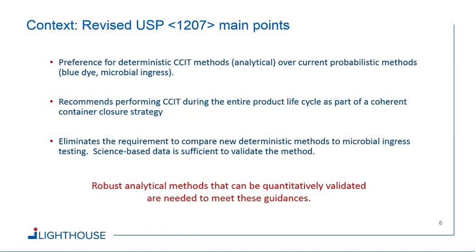I just wanted to say something about this last bullet point as well, because I was recently in a discussion with an industry representative who mentioned that just a couple months ago they were inspected, and this inspector asked them, they were using some of these new deterministic analytical methods for CCI testing, and they asked for the correlation to microbial ingress testing, which disappointed him a little bit, seeing that the chapter actually recommends that you don't need to do this.